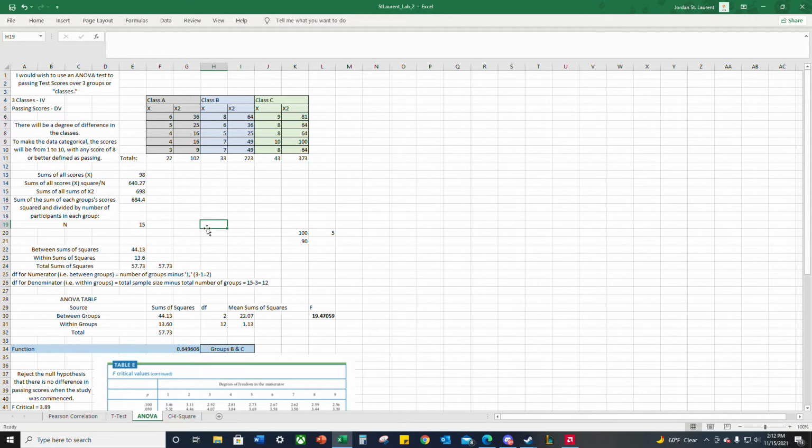We then need to find our between sum of squares, our within sum of squares, and our total sum of squares, which is then determined from this equation here.